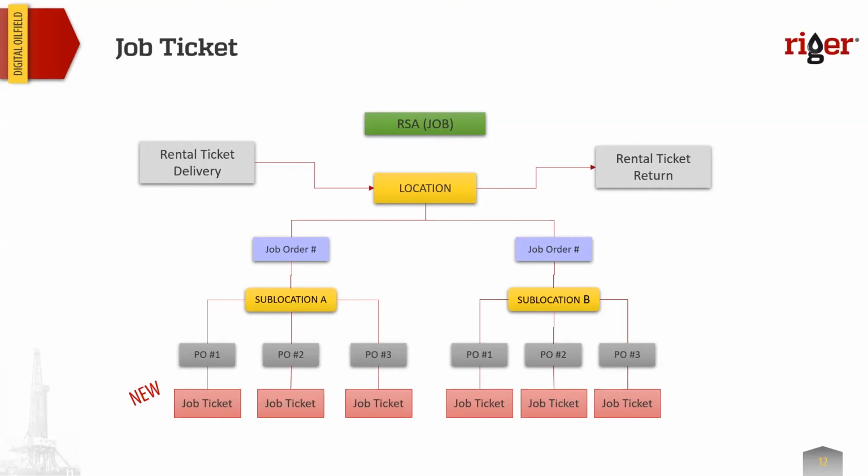So you don't move equipment between different sublocations and different PO numbers, etc. Now you have just two tickets, delivery and return. So once you have delivered the equipment to the bigger location, now you can just use the job tickets to track equipment toward the job order number and PO number.